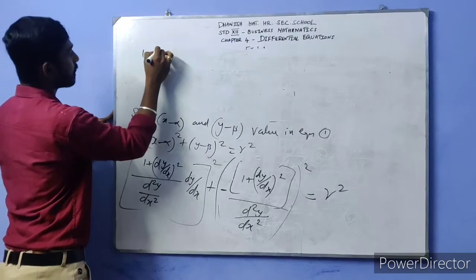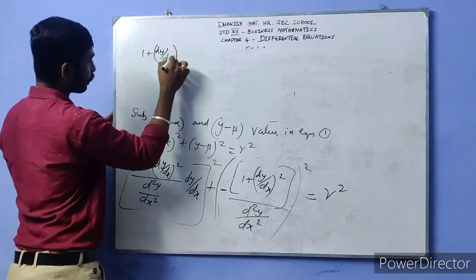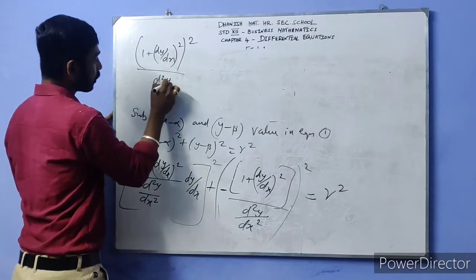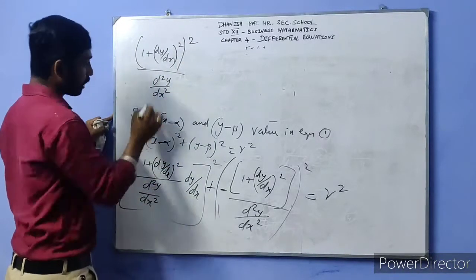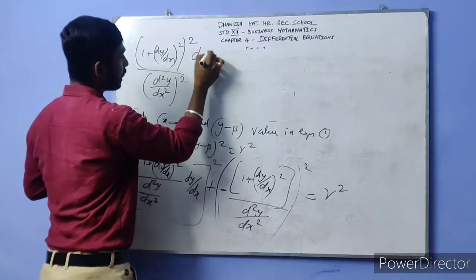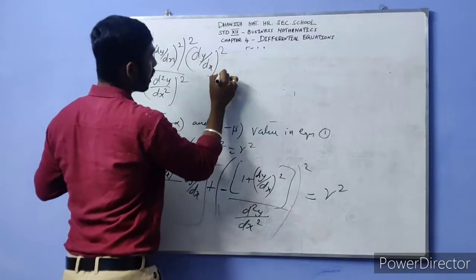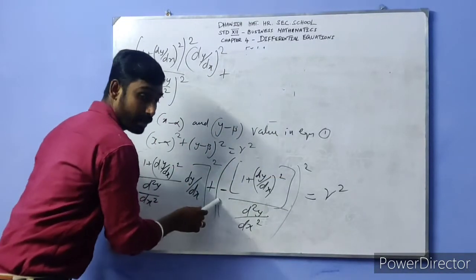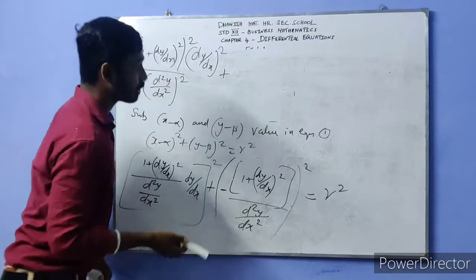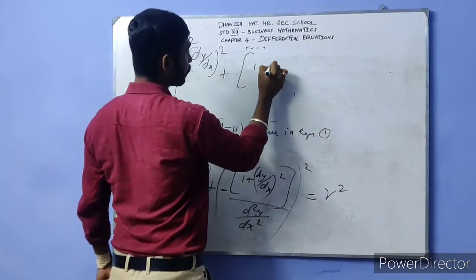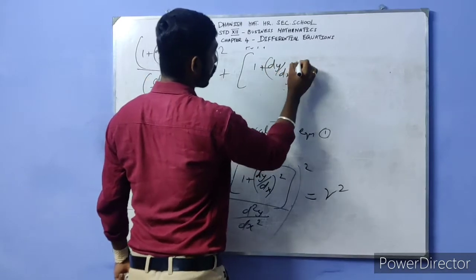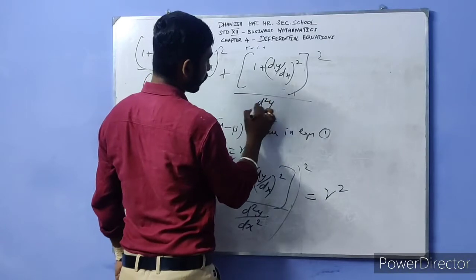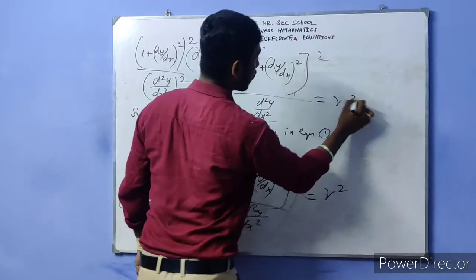1 plus dy divided by dx the whole square, power of whole square, divided by d square y divided by dx square, power of whole square, here dy divided by dx the whole square, plus the minus will be squared and changes into plus. What remains is 1 plus dy divided by dx the whole square, power of square, divided by d square y divided by dx square equal to r square.